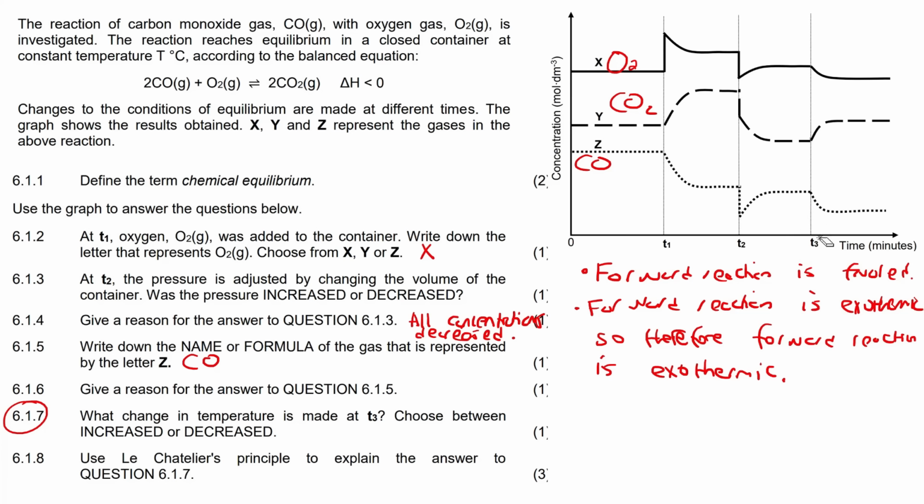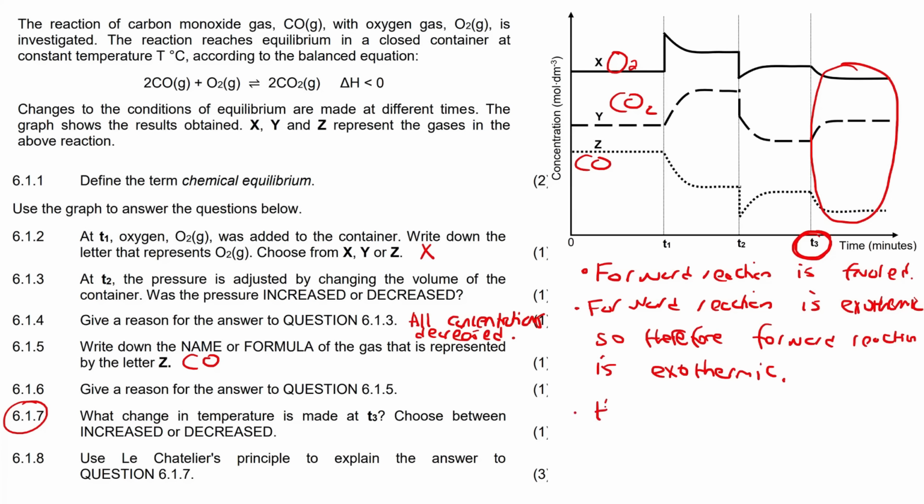So why would the system do that? At T3, they would have decreased the temperature. The system doesn't like that, so it reacts like this and favors the exothermic reaction so that it can raise the temperature again.